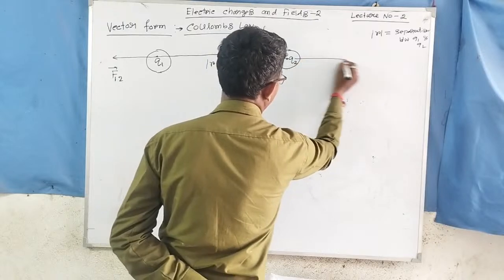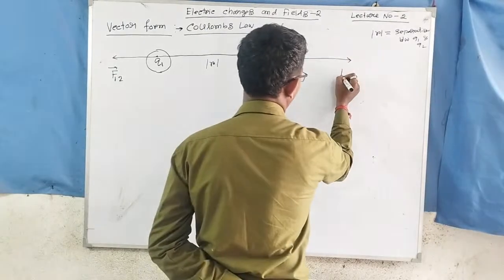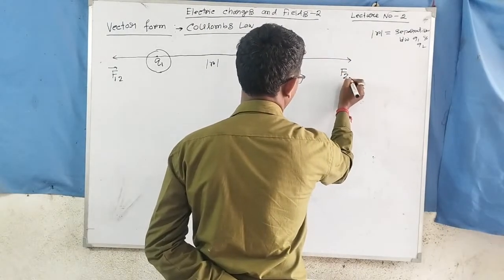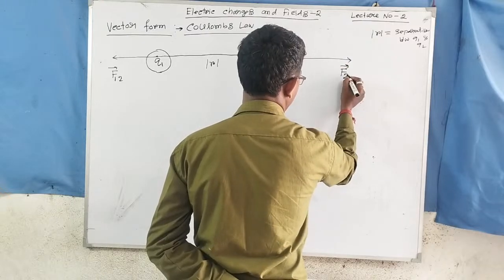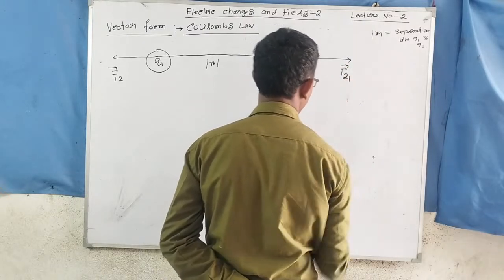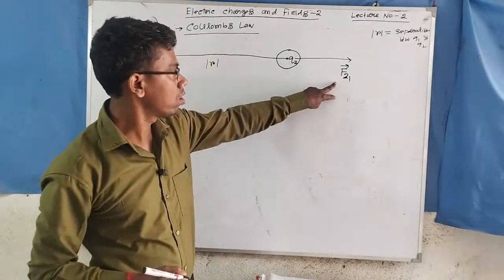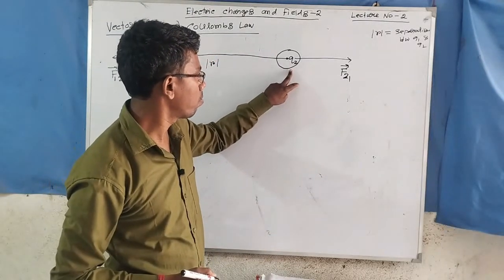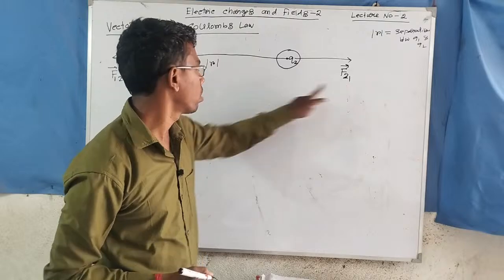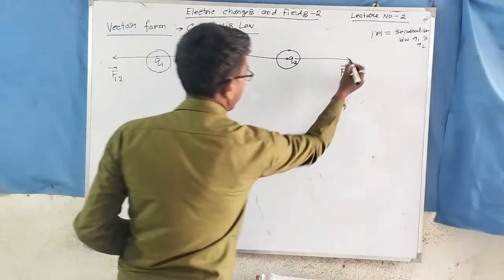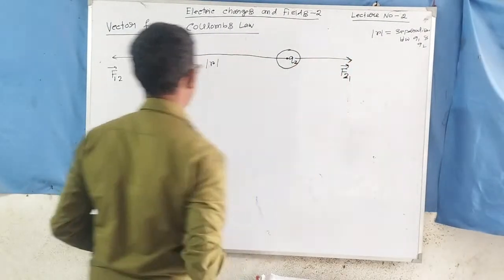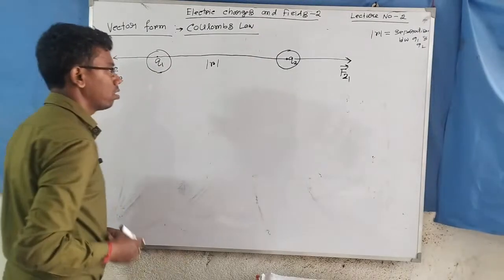And this is the force on charge 2 due to charge 1, along this direction. R is the separation between the two charges.